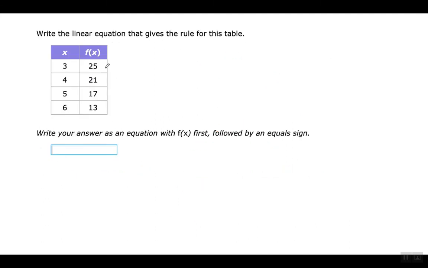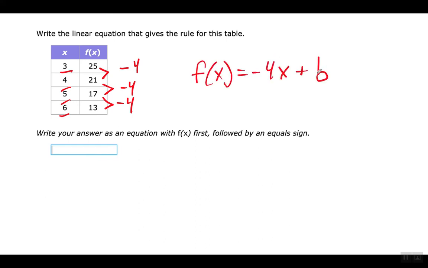Okay, so here the x's are going up by 1 as usual for today. And all of the f of x values are going down by 4. So my slope is going to be negative 4. Now to solve for b, I'm going to substitute 25 for f of x and 3 for x.